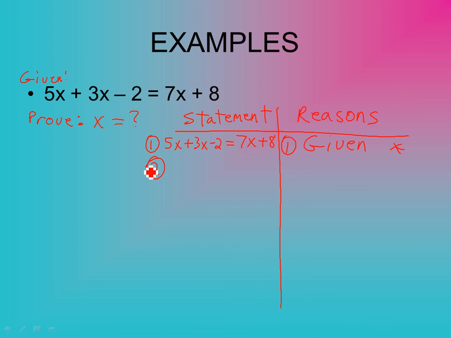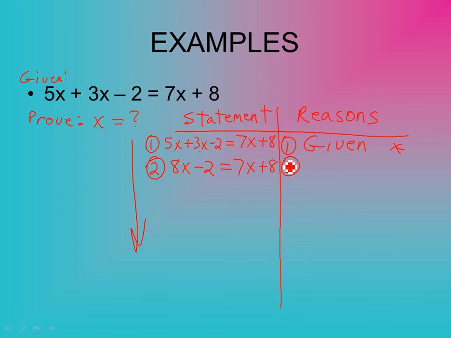Next step. You don't actually show your work in the 2-column proof, you just go from one step to the next step. So our next step would be to collect these like terms right here, the 5x and the 3x. Those together give us 8x. So I'm just going to write down 8x minus 2 equals 7x plus 8.